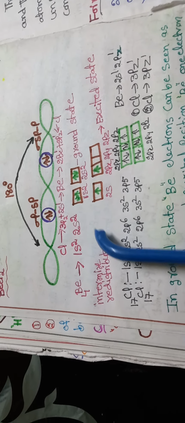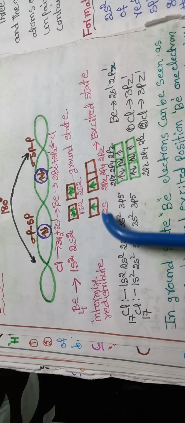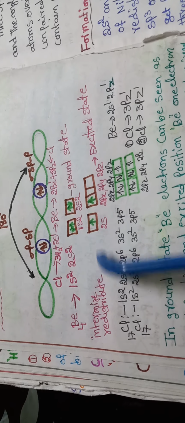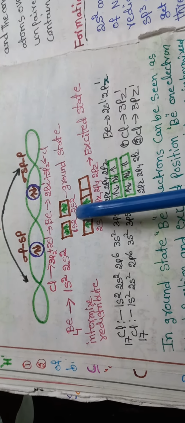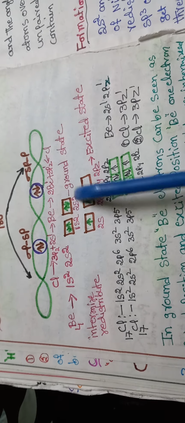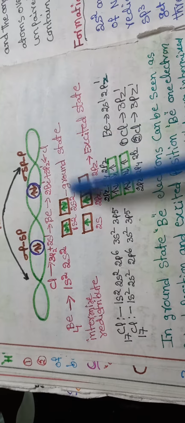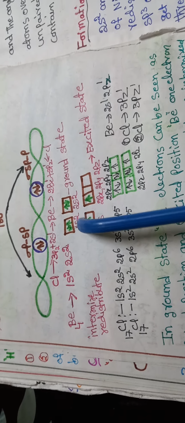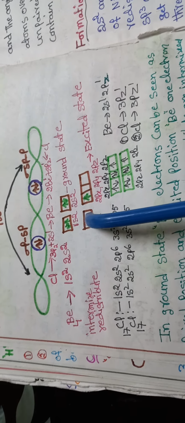When these orbitals are intermixed and redistributed, then beryllium gets to the excited state. So first, before intermixing, in the ground state the electrons are 1s2 2s2. So in the orbitals the electrons are paired electrons.